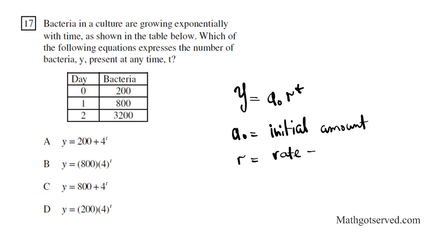You can find these by dividing a1 by a0 or a2 by a1. Okay, dividing an amount by the previous amount will give you the rate. Okay, and then t is time. All right, so let's find out what these values are, plug them into our equation, and then that'll be our answer.